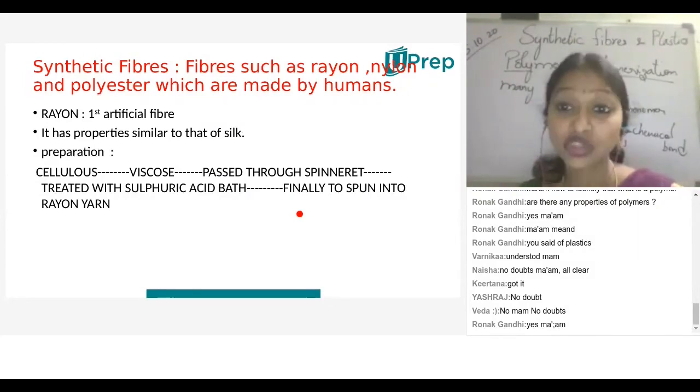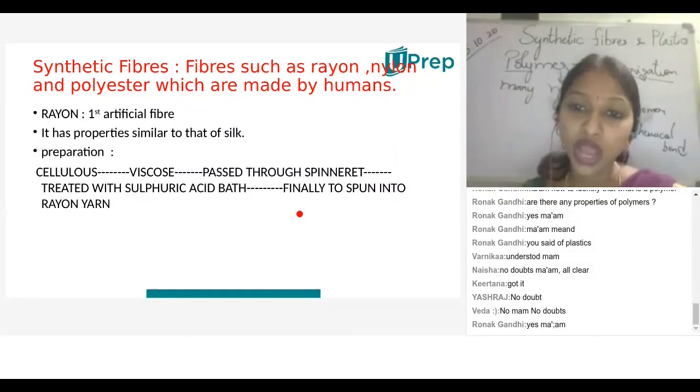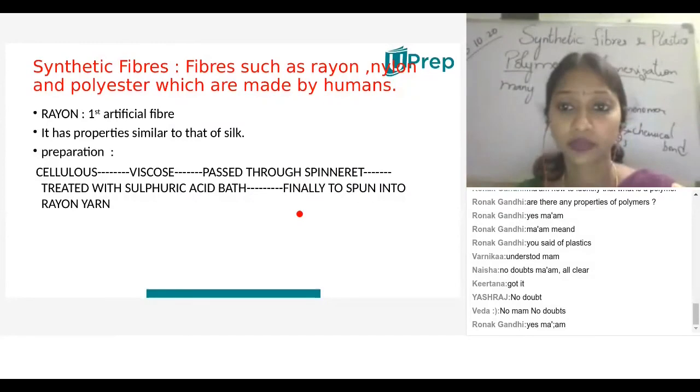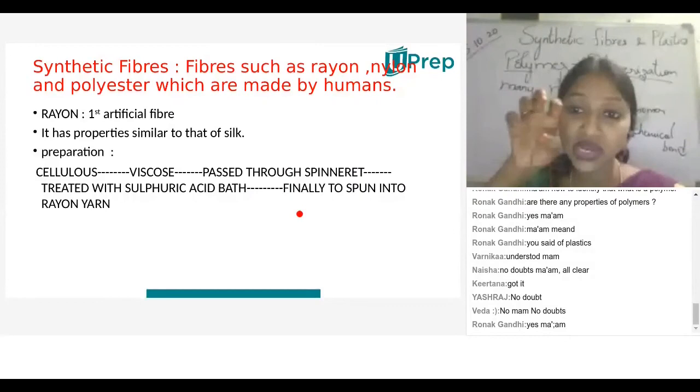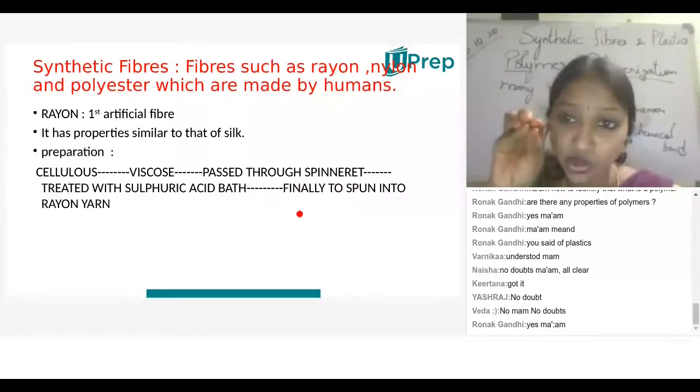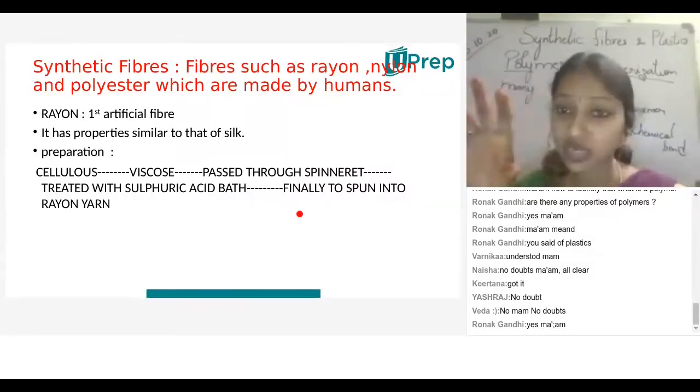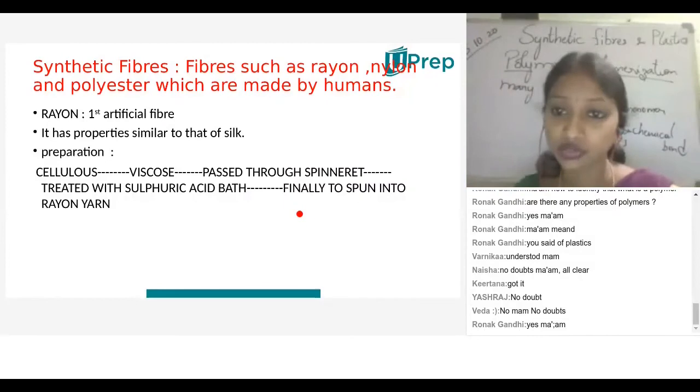But now with these gadgets only, we are learning so many things. That doesn't mean they are very important to us. They are very harmful to us. How much we need to use it, only that much we should use, and the rest of the time we shouldn't touch the gadgets.